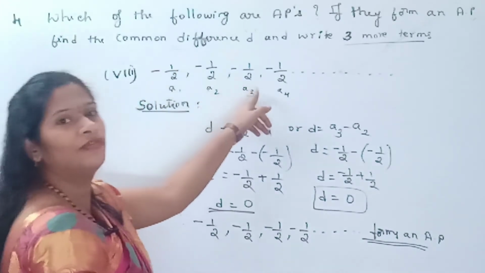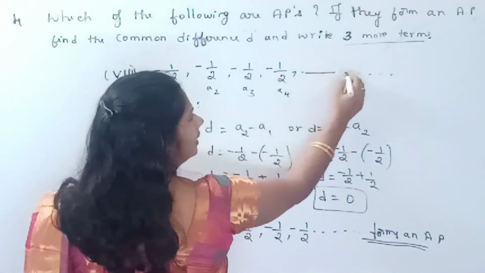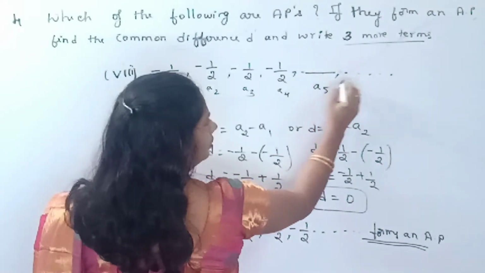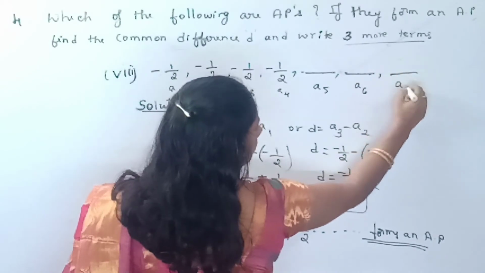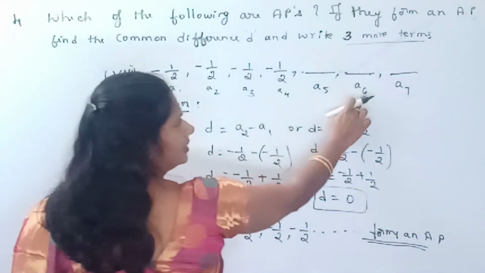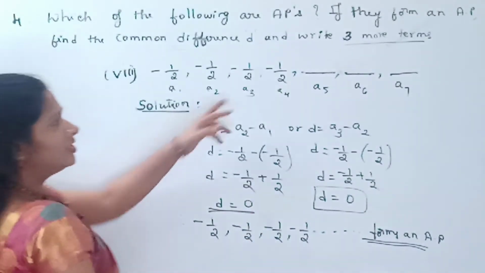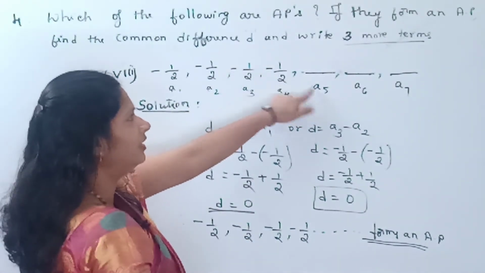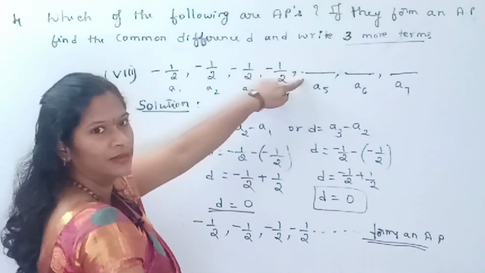If this list of numbers forms an AP, now you have to find out next 3 more terms. A 5th term, A 6th term and A 7th term. Got it now? So A5, A6 and A7 you have to find out. So how will you get A5? If we add common difference to 4th term, you will be getting 5th term, isn't it?